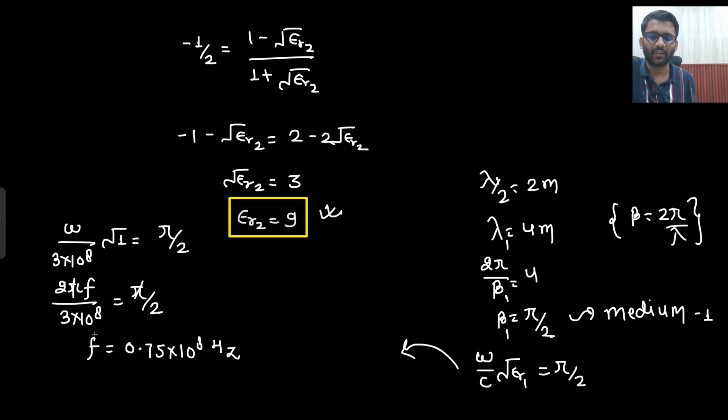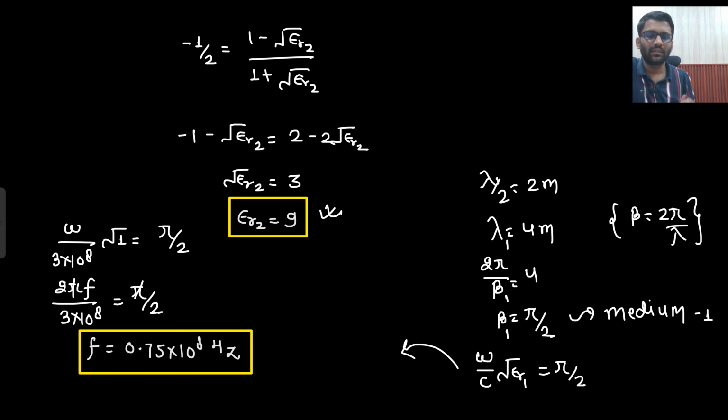Pi and pi get cancelled. So f equals 0.75 into 10 to the power 8 hertz. That is the answer.